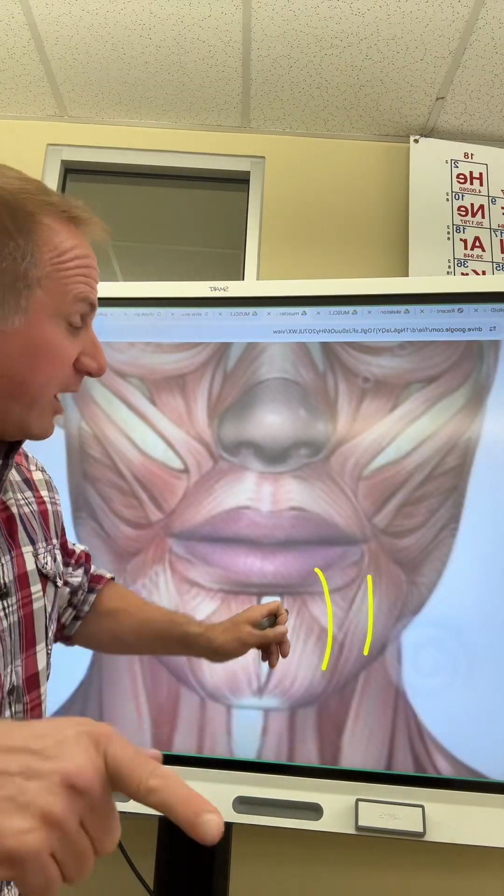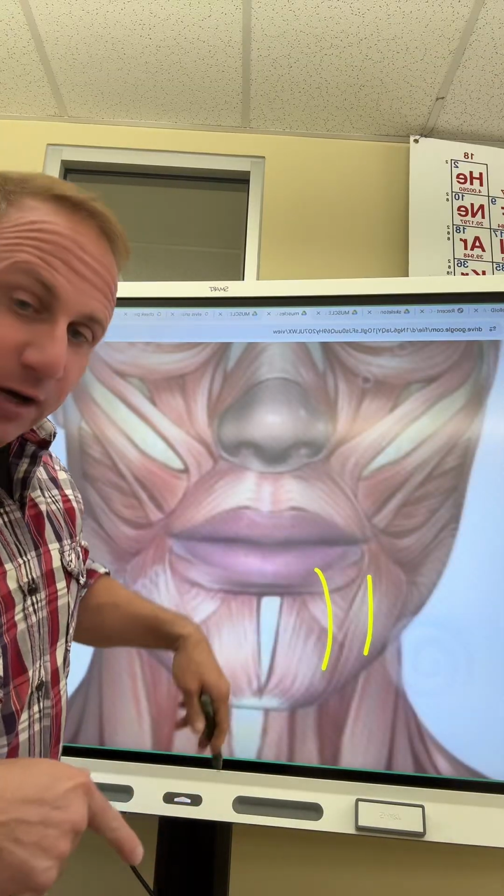Depressor labii, and then angularis and inferioris. So angularis brings it down to an angle, inferioris brings it down. All right, levator labii, superioris and angularis, zygomaticus, risorius.